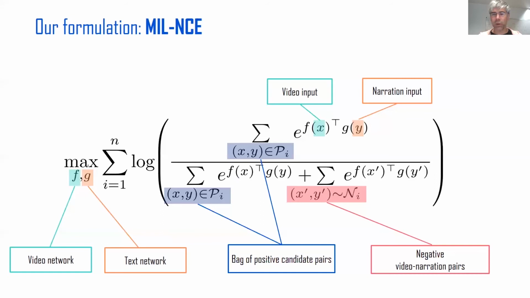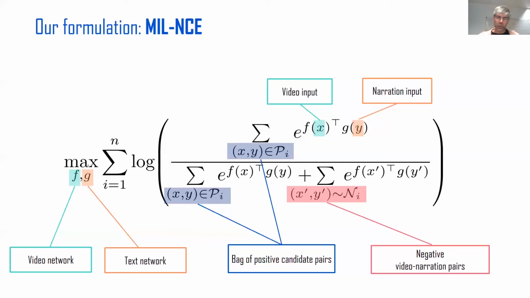So let's now try to figure out where the action correspondence is, to discard the wrong corresponding text and find the right one. We'd like a formulation which will help us during training to figure out which text does correspond to a video clip and which text does not.